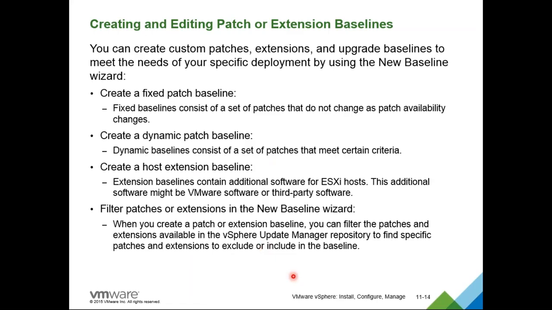These things will tell you, based on your infrastructure design, whether you have to create a patch for ESXi host or virtual infrastructure tools upgrade. Based on the infrastructure design, you can select that. You have to create fixed or dynamic baselines. Okay. Any doubts on this slide?